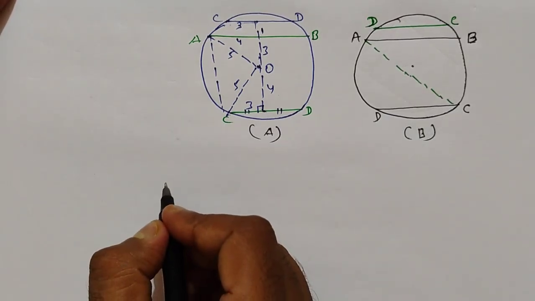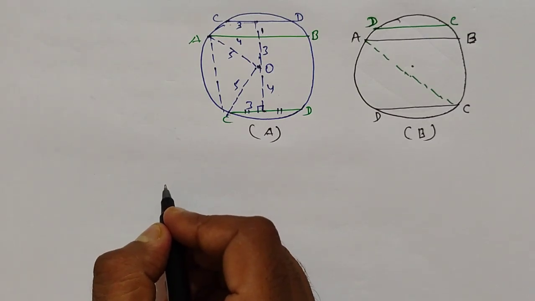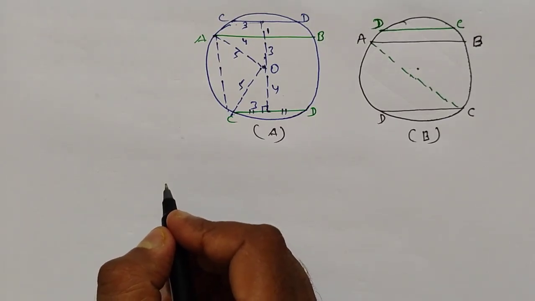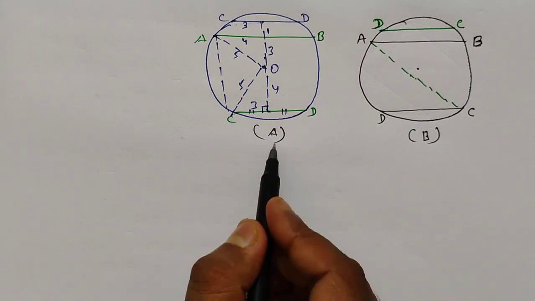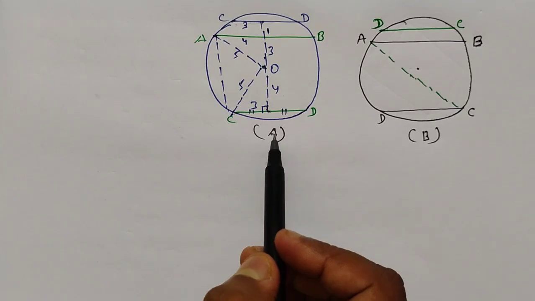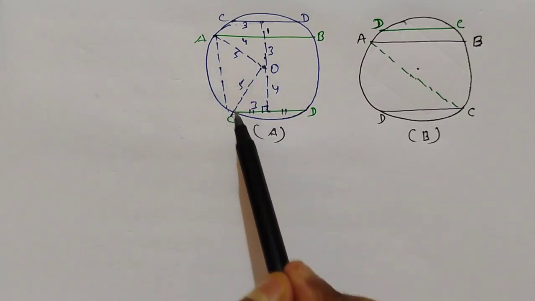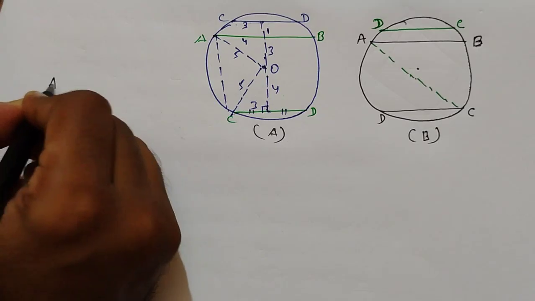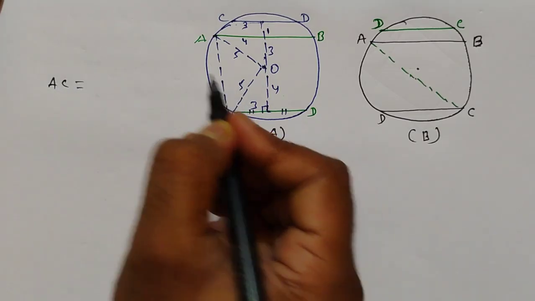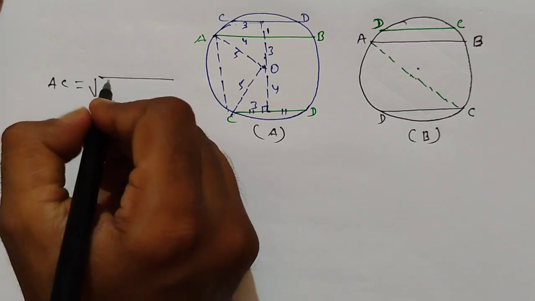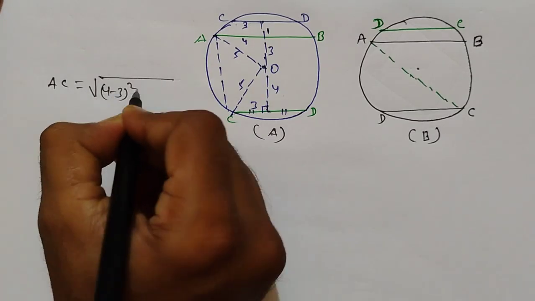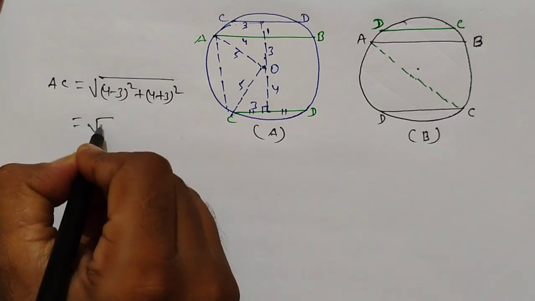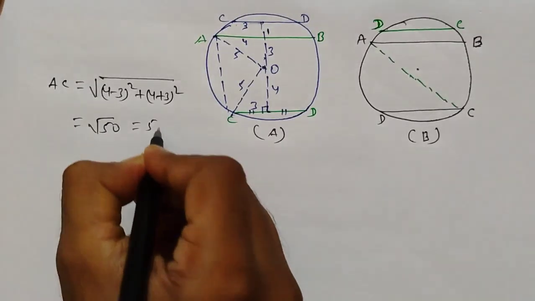So from these two diagrams there are basically 4 possible cases, and now we can see in the first diagram A, the longer length of AC is given by AC is equal to the square root of (4 minus 3) whole square plus (4 plus 3) whole square, and this is equal to the square root of 50, which is 5 root 2.